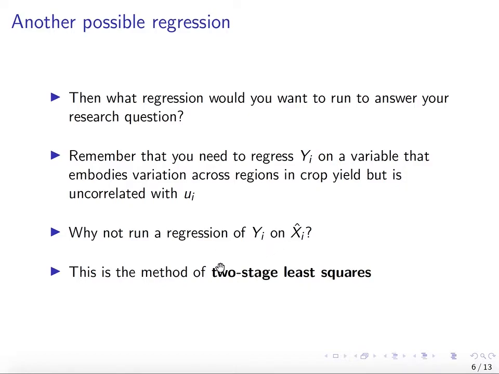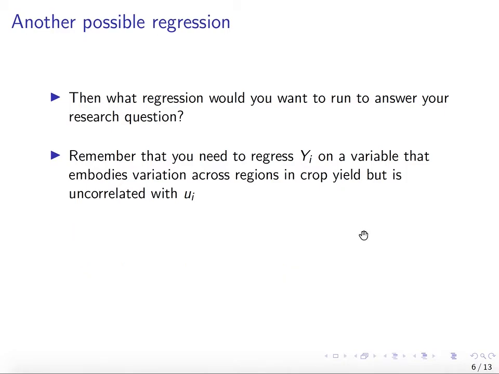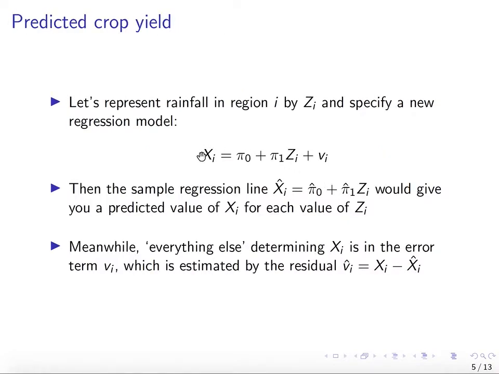This method is called two-stage least squares. In the first stage, we're going to regress xi on zi. Through that, we get this estimated xi from the sample regression line.